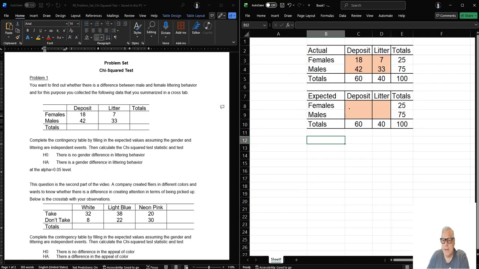number of observations, they can be derived from the assumption of independent events.